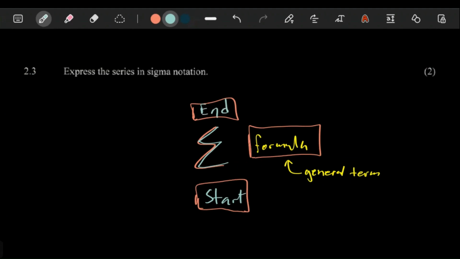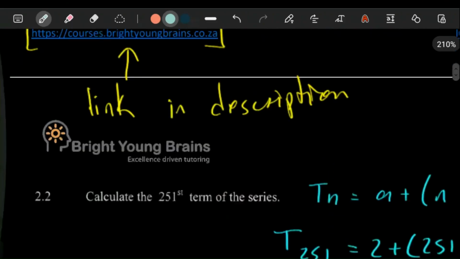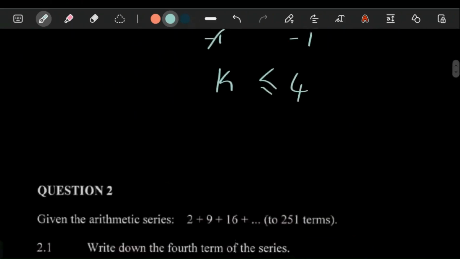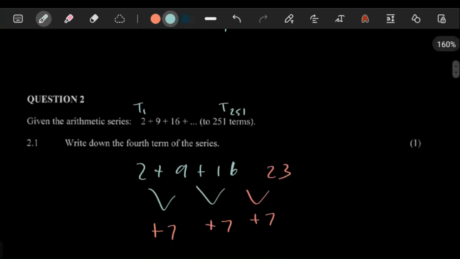Sometimes you start from the very beginning and sometimes you start in the middle. Normally you'll be starting somewhere at 1, but not all the time. In this situation, since we do have the first term, and they're adding it up until 251 terms, we already know where we're starting and where we're ending.